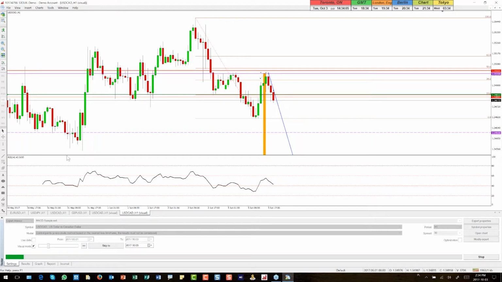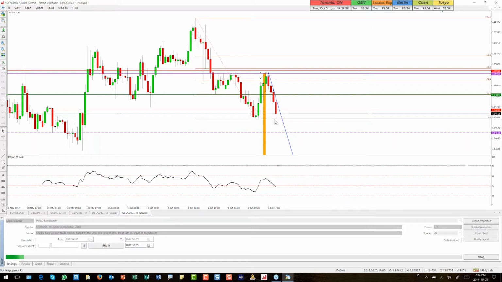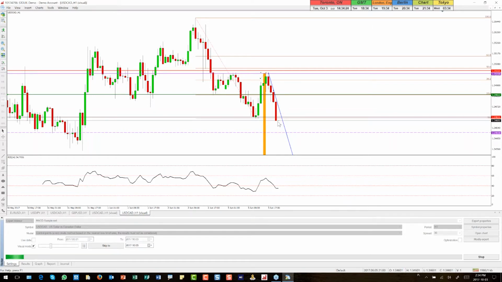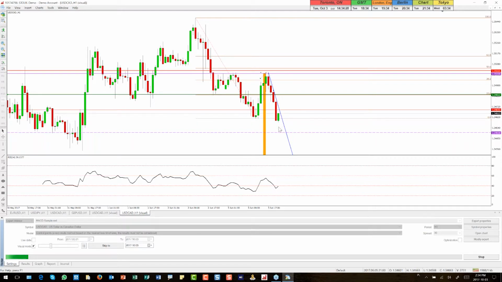Of course, we can use the initial trend line. No, this trend line is no longer valid. Any situation where RSI starts rising, or the candles start breaking through the trend line, will be a signal for me to close the position. So let's see what's going to happen next.